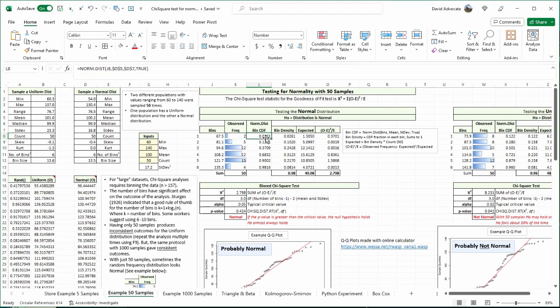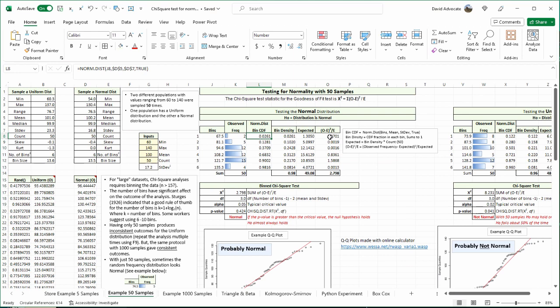Here we've calculated a cumulative distribution function for the data, and here we've broken that down into their individual components, and they sum up to approximately 1, or basically they're the same as the continuous. And then the expected is the bin density times the count, where the count here is 50.